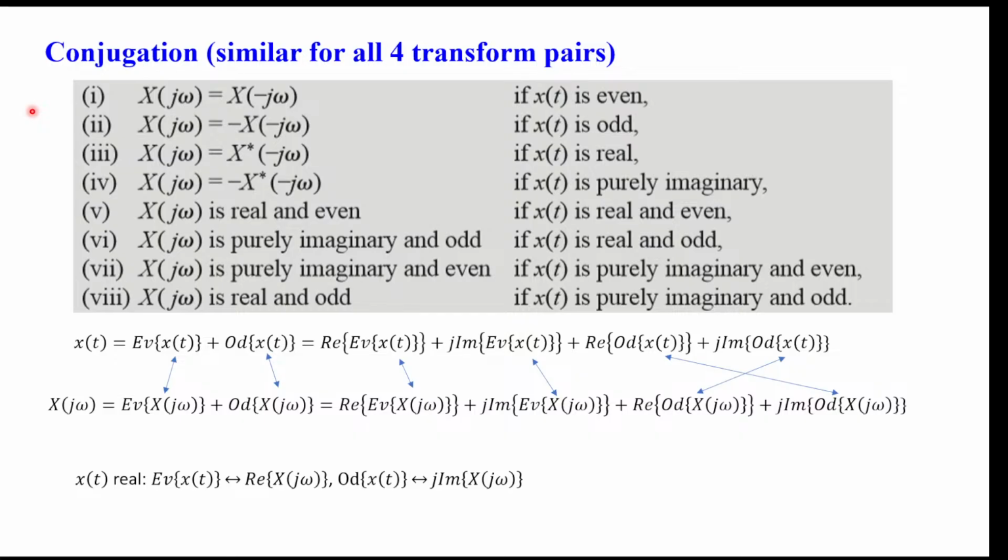And I think the two most important things to remember are the first two. You need to remember what happens in time reversal. If you do time reversal in the time domain, you also have time reversal in the frequency domain. So if x of t is even, then big X is even, and if x is odd, big X will also be odd.